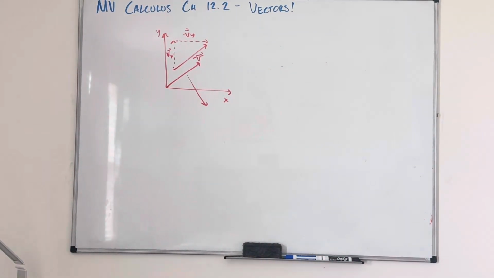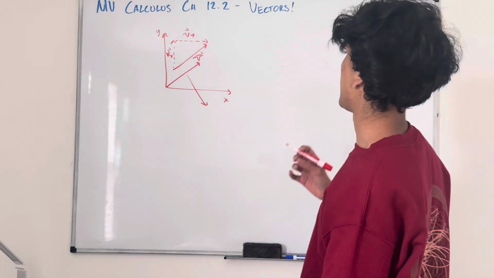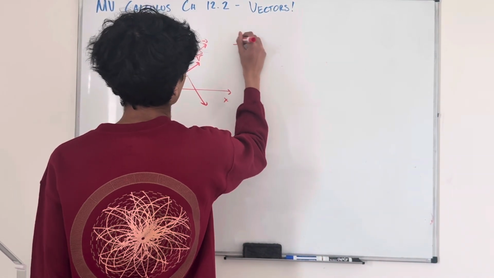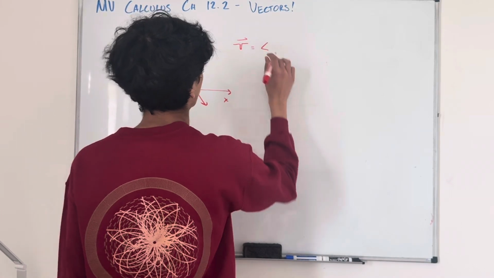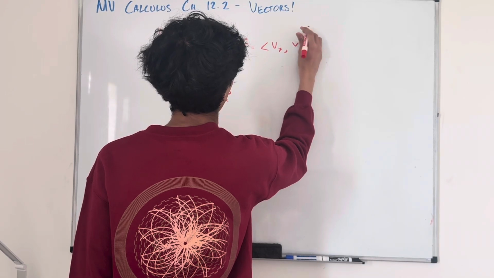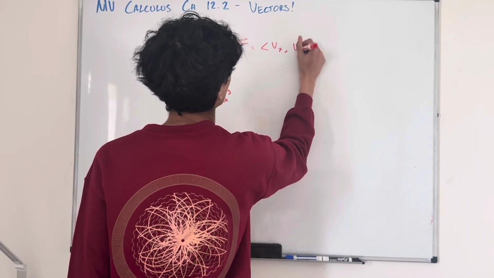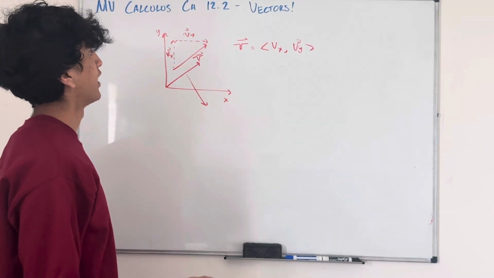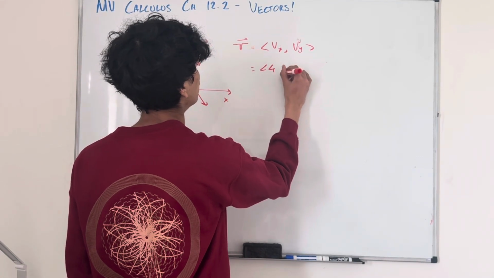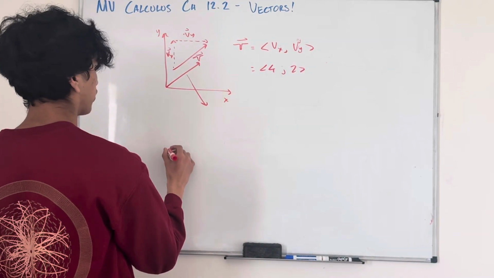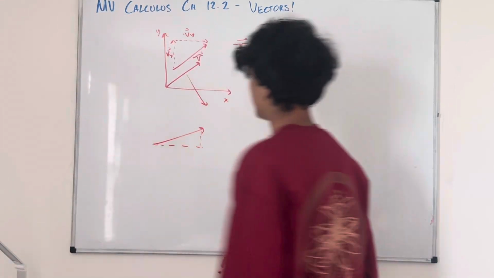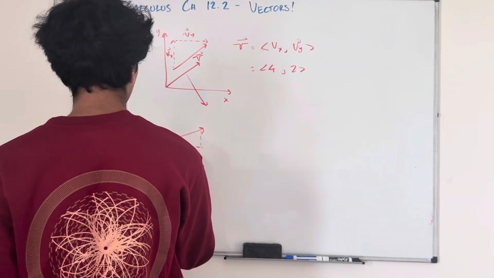So I can define this vector v using this bracket notation: vx, comma, vy. And vx and vy are numbers, not vectors. So if I had 4, 2, that would look like 4 this way and then 2 up.